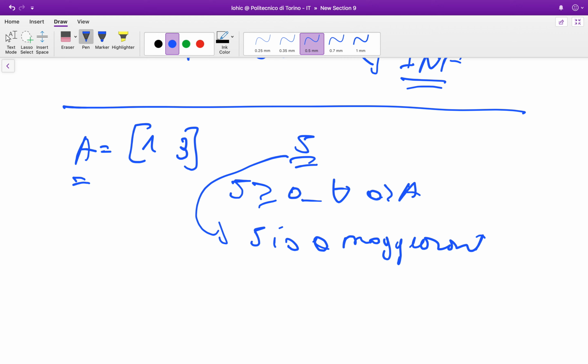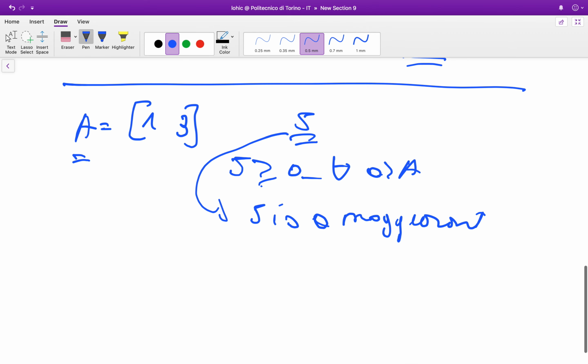What is the smallest possible majorant for A? But keep in mind that I didn't say that the majorant cannot belong to the set. The majorant can also belong to the set. Yes, it's 3, because pay attention that we have greater or equal.